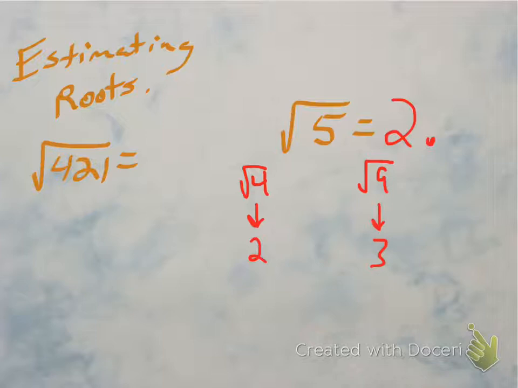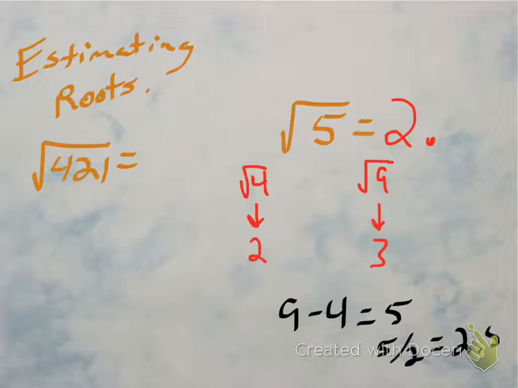What's the halfway point between 4 and 9? Well, there's 5 points of difference between 4 and 9 because 9 minus 4 is 5. Half of 5 is 2.5.